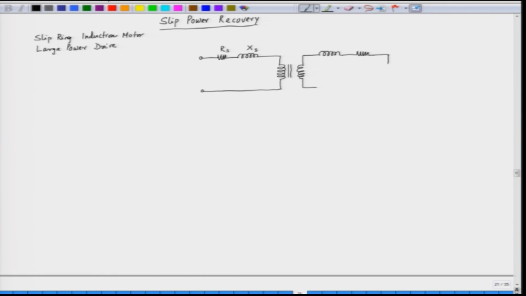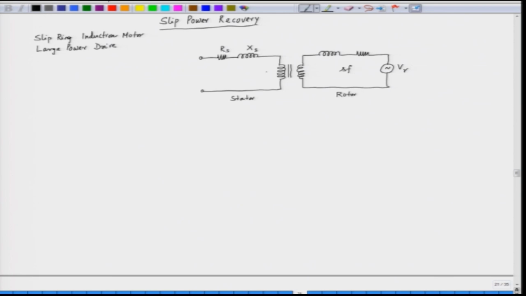What we do here is insert a voltage source of a specific frequency. This voltage source is VR, and as we know, the frequency in the rotor is SF. This is the stator circuit and this one is the rotor circuit.